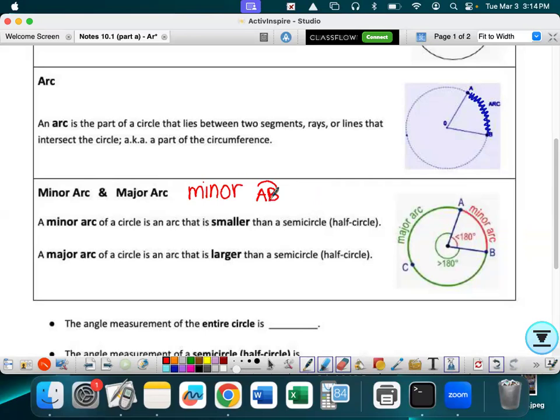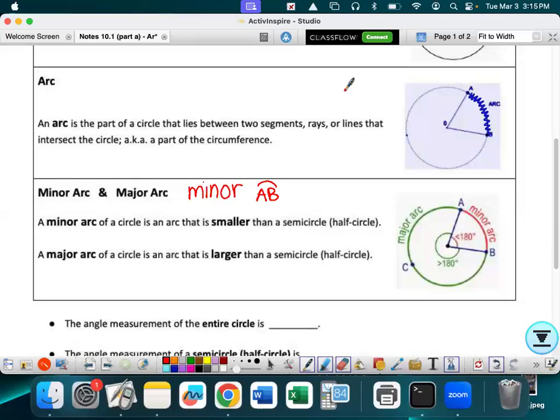For our major arc, we would write major arc AB. Or in this case, if there is an additional point within the major arc, you don't need to say major if you include that third letter. So we could call that arc A, C, B. So I don't know if you saw that, but I was tracing along A, C to B, and then I don't need to say major.